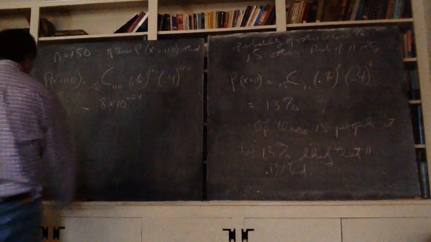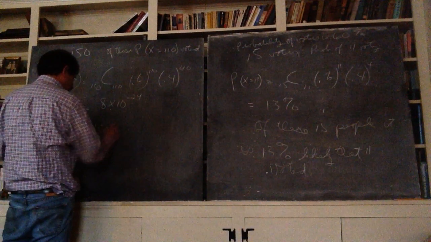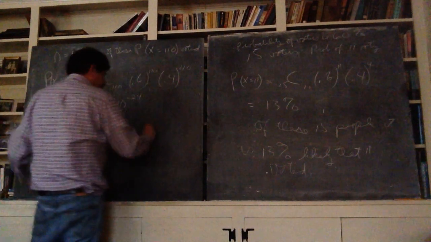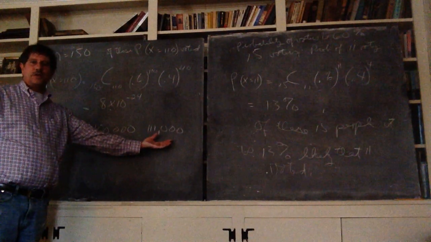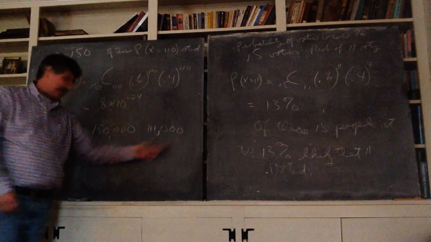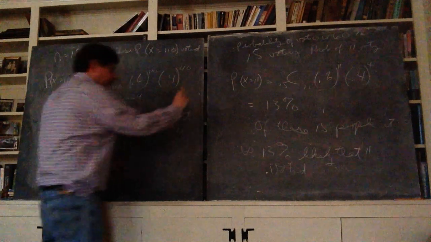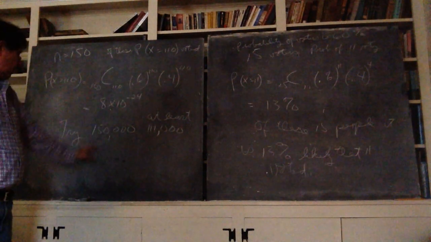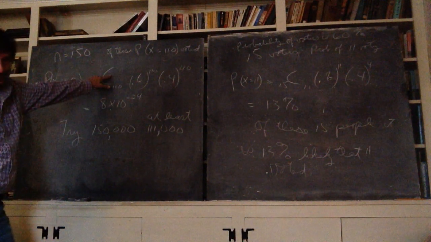So now try 110,000 of 150,000. And of course it's going to be 0 because you're talking exactly. How about at least? Well, if you try this with 150,000 and 110,000, there's 0 chance your calculator can use this.